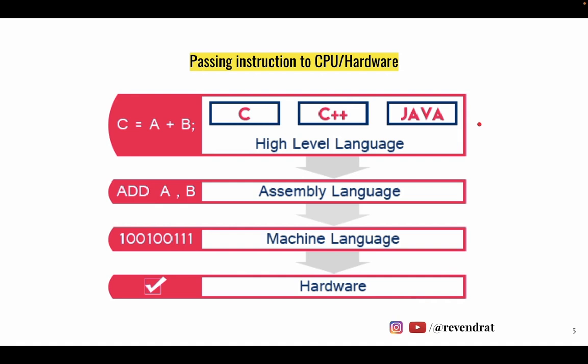You are allowed to write programming in your high level language. Once that is done, high level language logic is converted into machine language. Low level language is typically represented through assembly language or machine language. The machine language is typically in binary format.